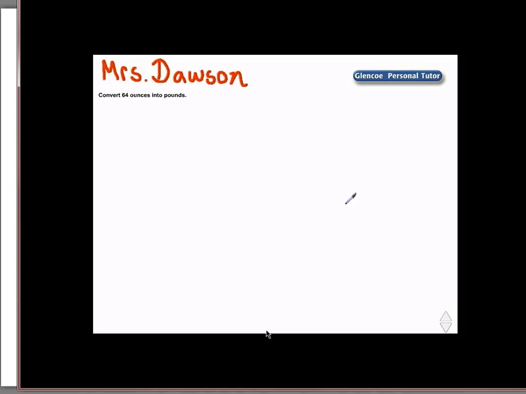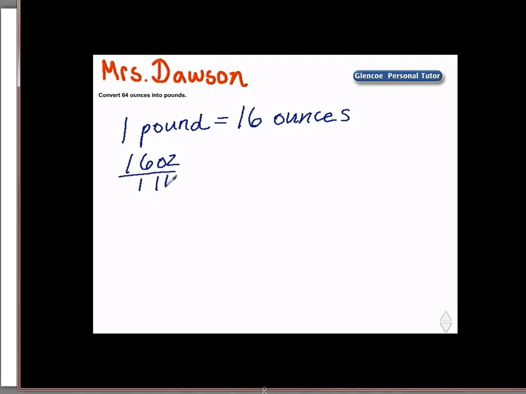Convert smaller units to larger units. Convert 64 ounces into pounds. We know that 1 pound is equal to 16 ounces. So the unit ratio is 16 ounces over 1 pound, or its reciprocal is 1 pound over 16 ounces.